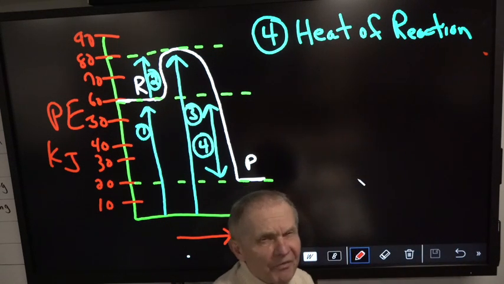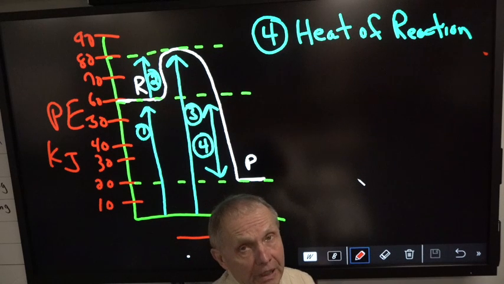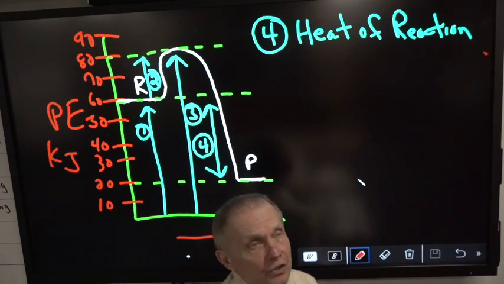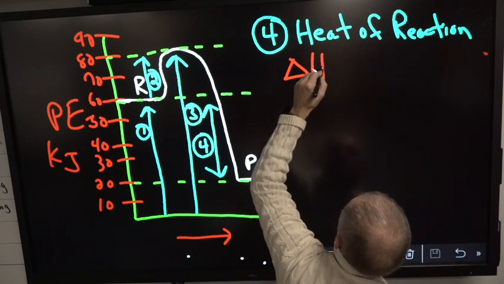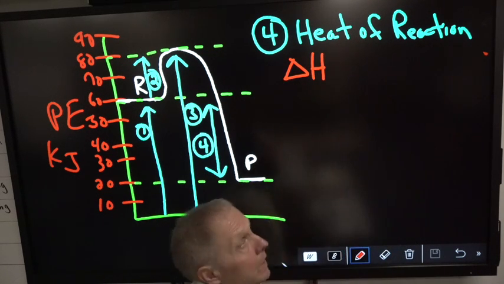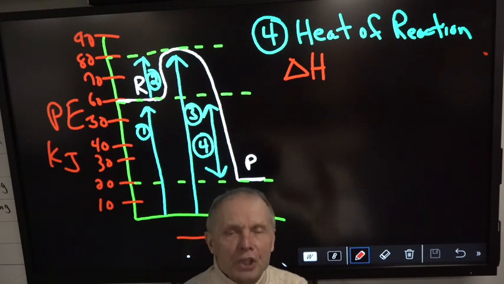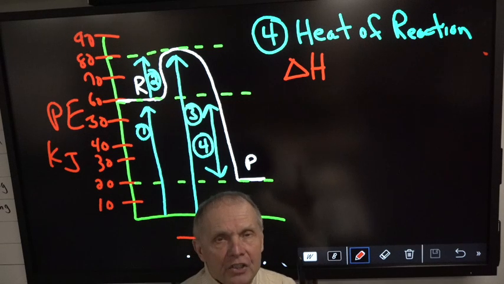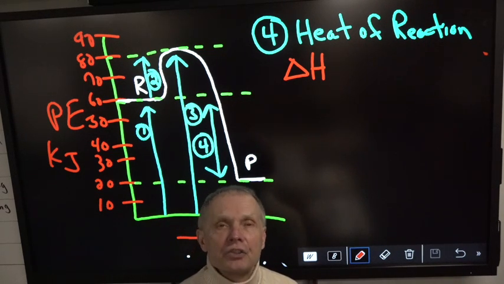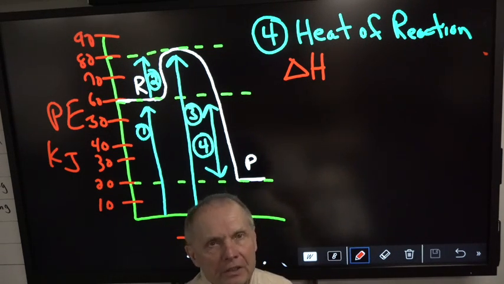But the other term for heat of reaction, this is a biggie, is called delta H. And remember, the delta symbol means change in. H is heat, so delta H means change in heat. And it has a specific formula, very easy.